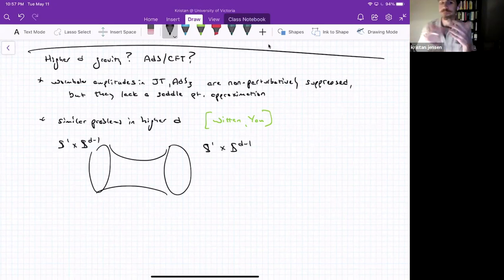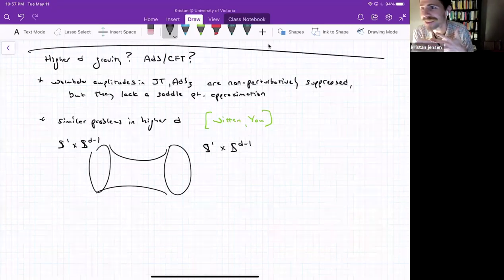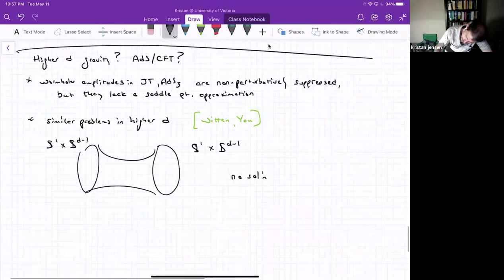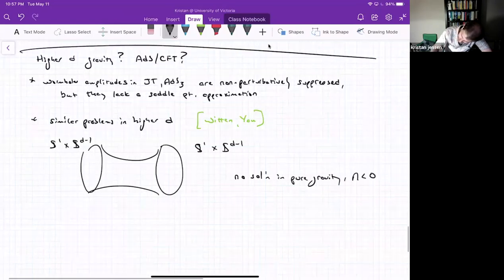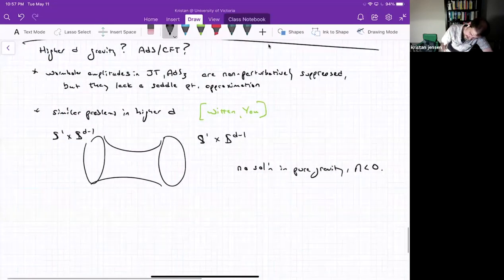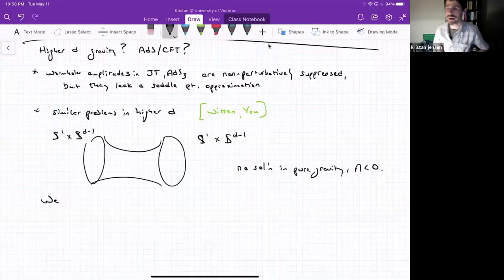Again, if such an amplitude exists, it's going to be non-perturbatively suppressed, and it won't have a saddle point approximation because there are no solutions to the field equations of this sort. So we need new tools. And to be honest, I could probably give an extra talk or two just about the tools that we need to set up this problem.